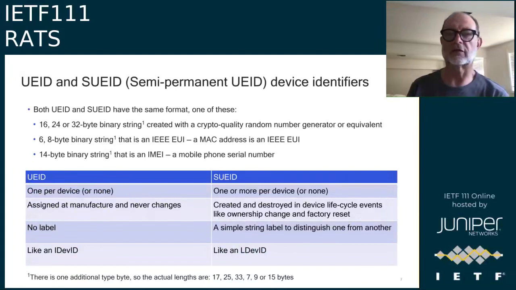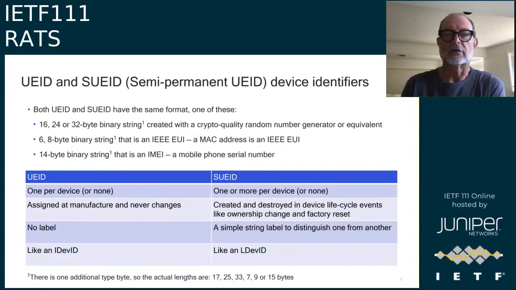We identify a lot of different things in RATS, and the intent here is to identify an instance of some hardware, a physical thing. So if you have 1 million devices, you have 1 million UEIDs. It's not an identification of the manufacturer or the vendor or the software or anything like that. This is focused strictly on individual bits of hardware.